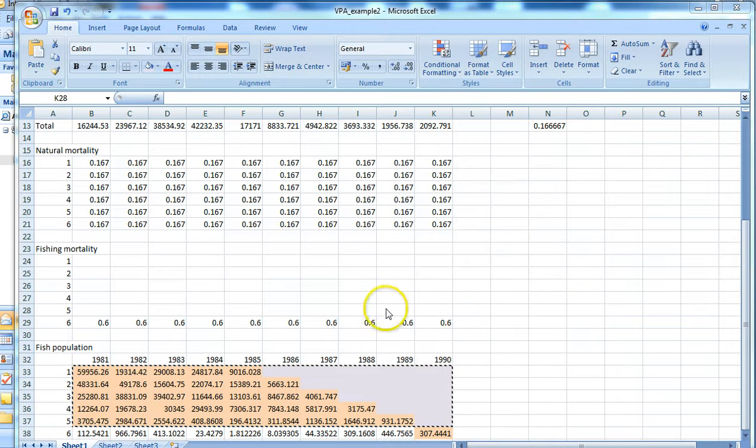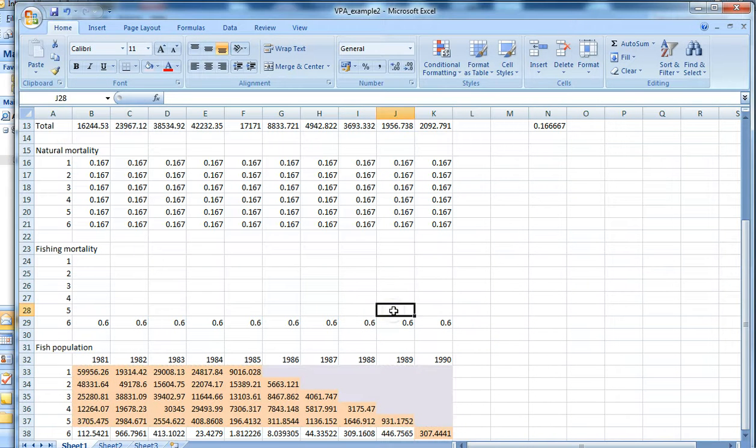But I can do this one. Okay, so it equals, I think it's ln, yes, natural logarithm of number of fish at time t divided by the number of fish at time t plus 1.